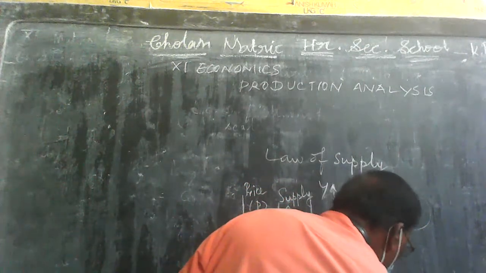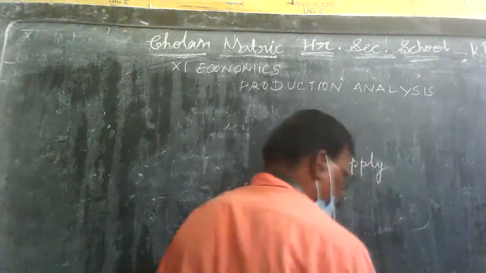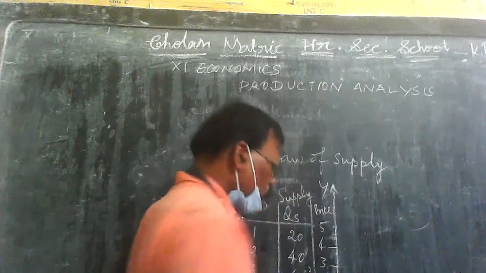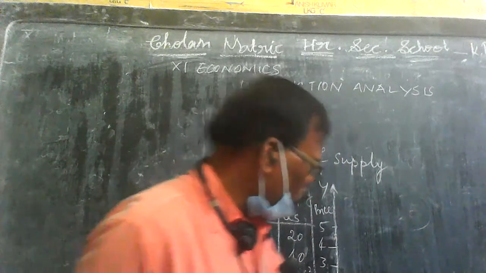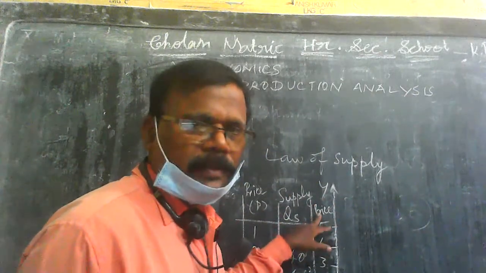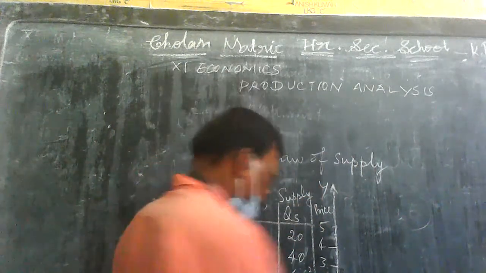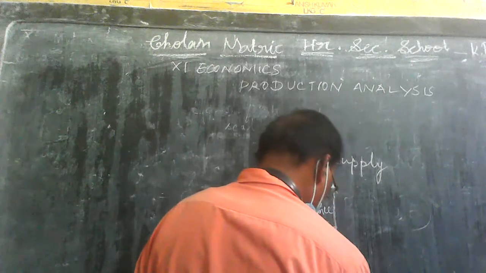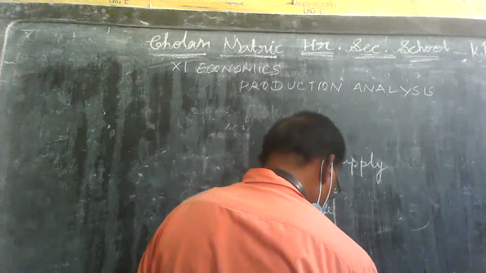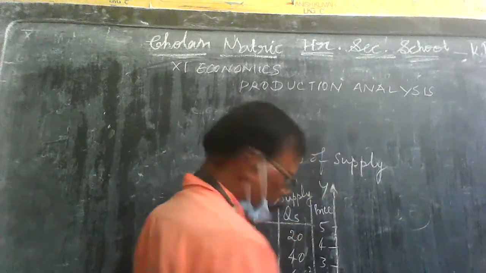Here, commodity X, and here price. So commodity quantity is measured on the X axis, and the Y axis refers to the price. That means price is measured on the Y axis. Now, when the price is 1 rupee, quantity supplied is 20.